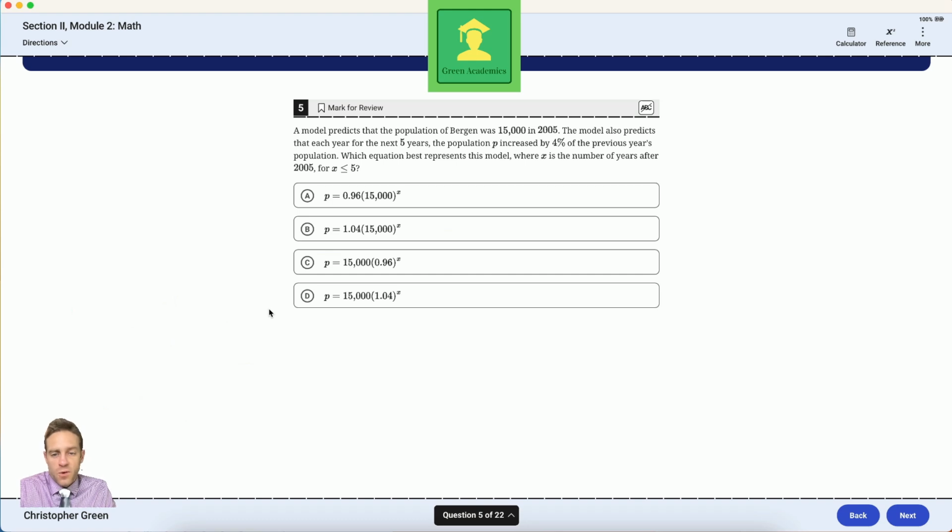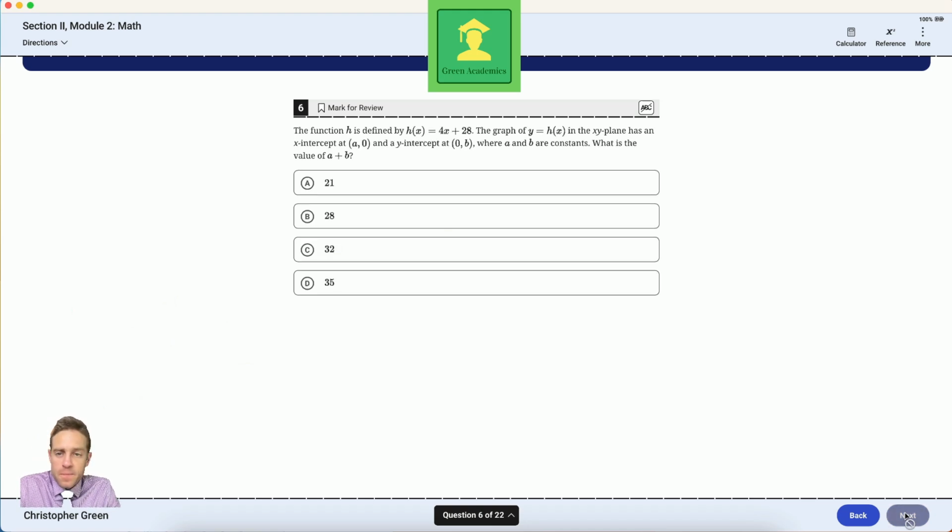Increasing by 4% is multiplying by 1.04, which means just looking at it, it starts at 15,000. 15,000 is the y-intercept, as in what you get when you plug in x being 0. And 1.04 is the multiplier for every subsequent year, which is just D, as in dog.